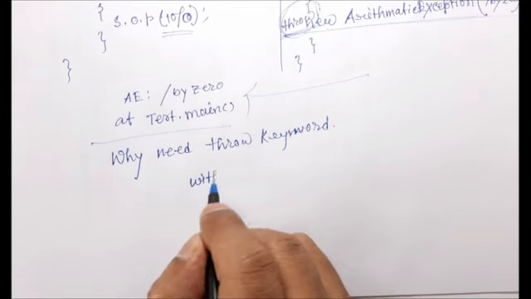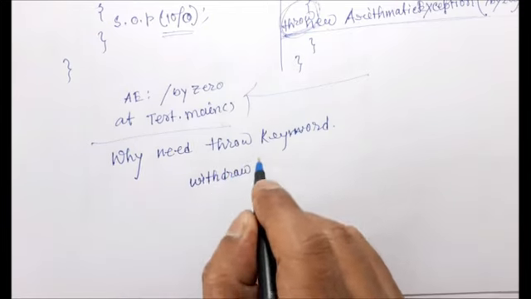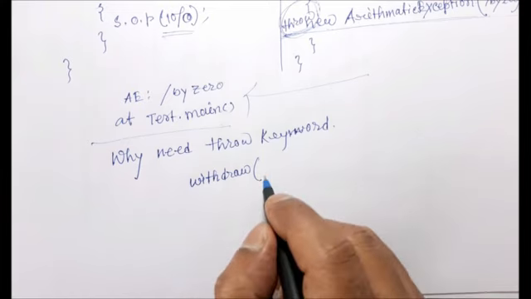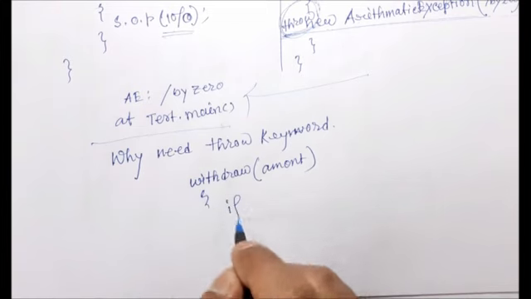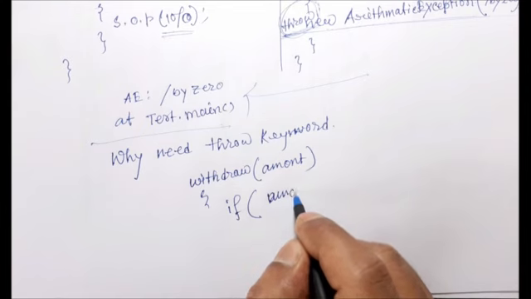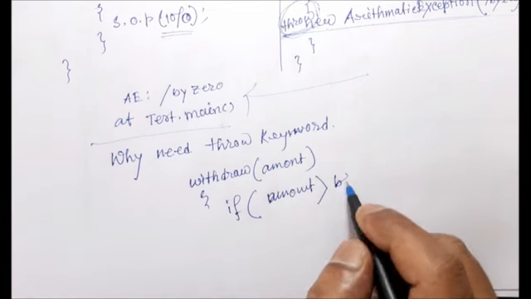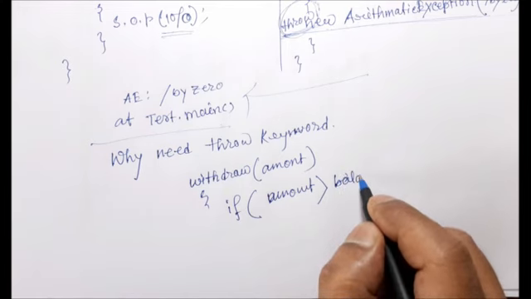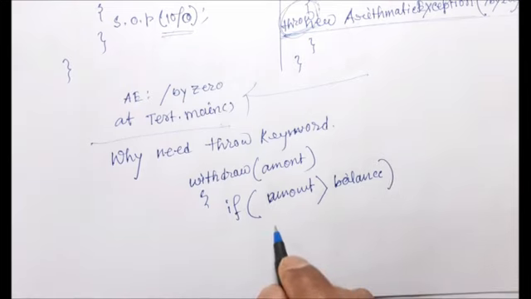So for example, this is my account's withdraw function. Suppose some amount is passed, and now I am checking if the amount is greater than the balance, then I want to throw a new exception.